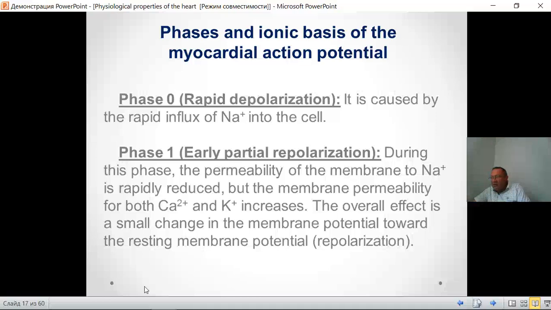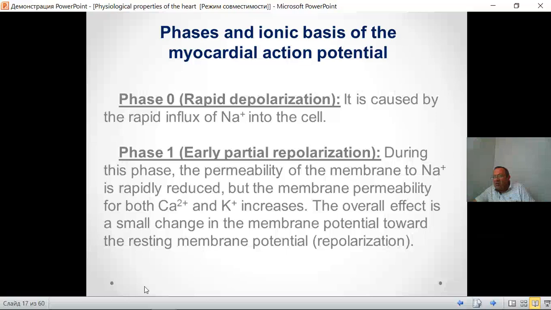Fast ion channels start to open one by one and sodium leaks into the cells, further raising the transmembrane potential. Transmembrane potential approaches -70 millivolts.